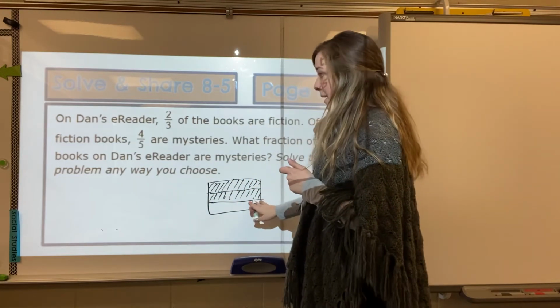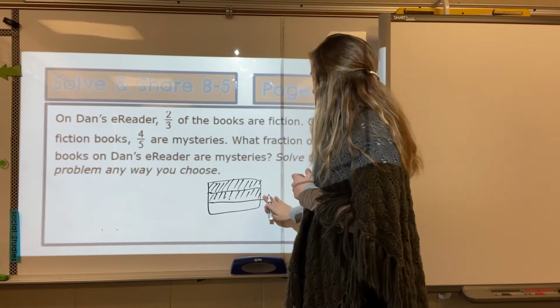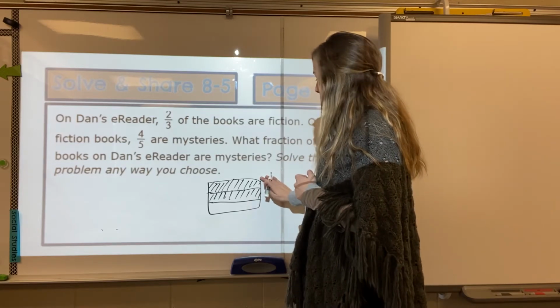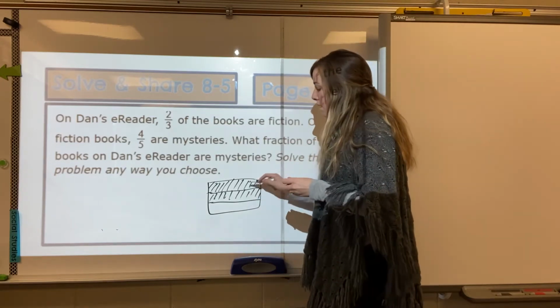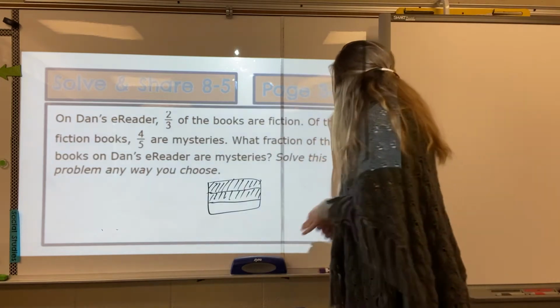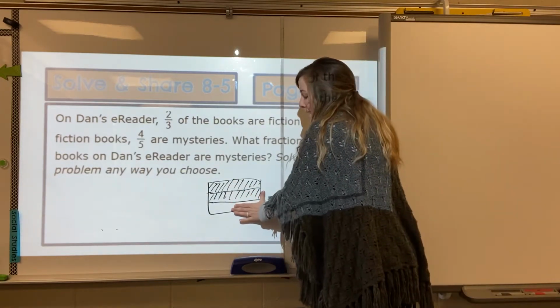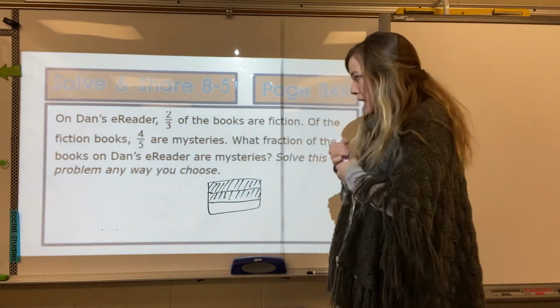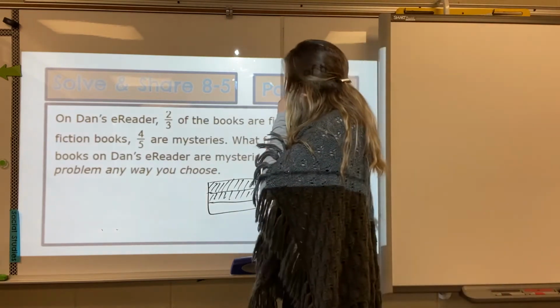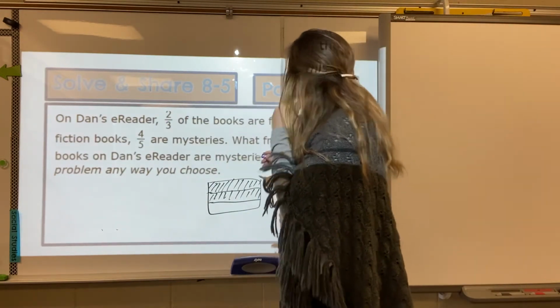Okay, this would be nonfiction, maybe memoir, something like that. So then of these fiction, just of this section, I don't want to find this section because that's not what I need. So now the other way, I'm going to split it into fifths.